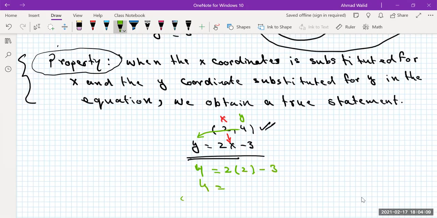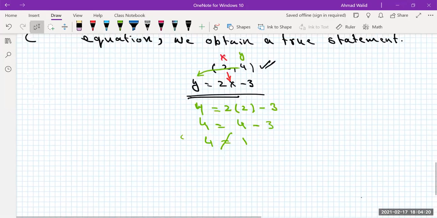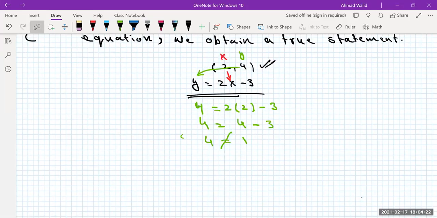Then 4 equals 2 times 2 gives you 4, minus 3. 4 equals 1, which is not true, right? If you end up with a true statement, you call the ordered pair a solution for your equation. But if you end up with a false statement like this, 4 is not equal to 1, then this ordered pair is not a solution of your equation.